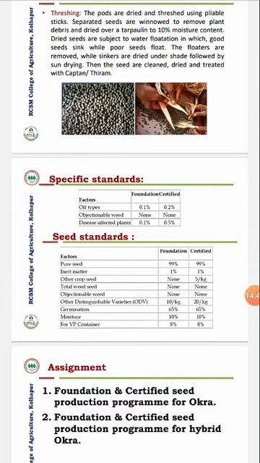Other distinguishable variety is 10 seeds per kg for the foundation, and 20 seeds per kg for the certified. Germination is not less than 65%. Moisture level is 10%, and for VP content it is 8% moisture level. So this is about the seed standards.